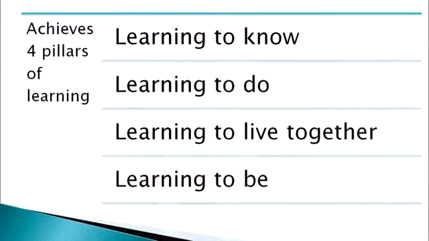The next advantage we talk about is that activity is able to address or achieve the 4 pillars of learning. Now, what are these 4 pillars of learning? One is learning to know, learning to do, learning to live together, and learning to be. Learning to know, which is we are knowing new things, new concepts. We knew about tomato and now we are discovering more about tomato. Learning to do, that is, we are learning to do things now, not just sitting, but practically learning to do.